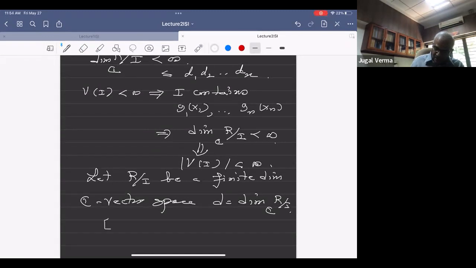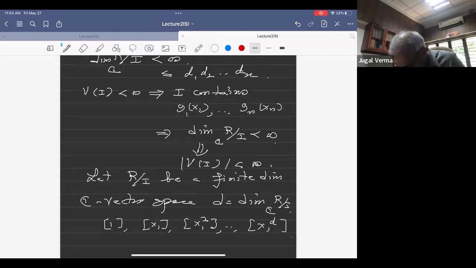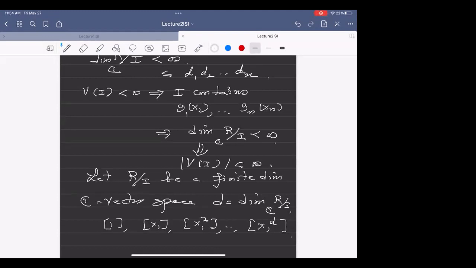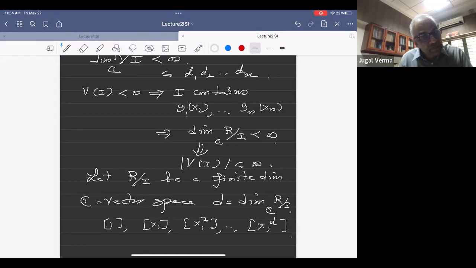Now look at the residue class of 1, residue class of x1, residue class of x1 square, up to residue class of x1 to the d. In this vector space, look at these d plus 1 residue classes. What can you say about them? Can anybody tell me? They are dependent. They are dependent as vector space elements. d plus 1, so they are linearly dependent.